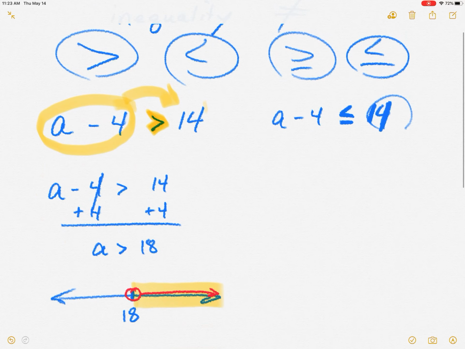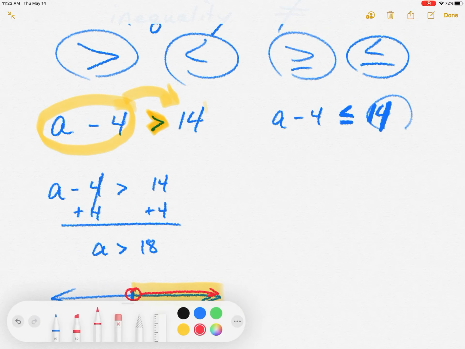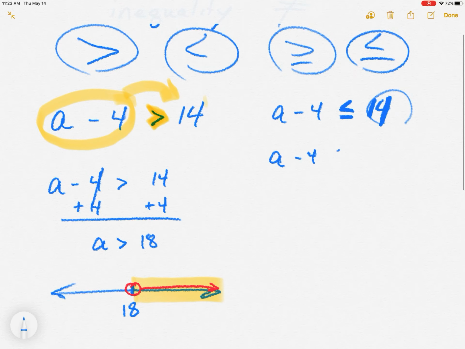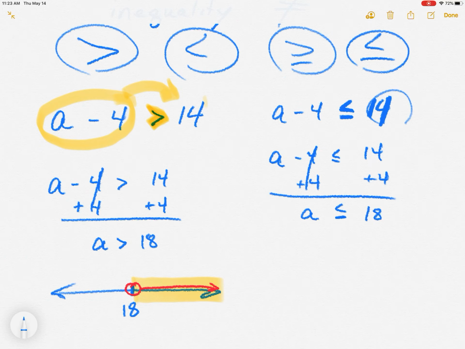All right? If we've got a minus 4 is less than or equal to 14, again, we want to solve for a, so we're going to add 4 to both sides. Negative 4 plus 4 cancels out, and we bring down the a is less than or equal to 18. All right, same thing. We're going to draw a number line.